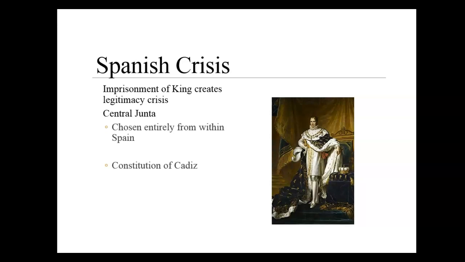Juntas emerged to rule in the name of Ferdinand VII in Mexico City and Montevideo. Caretaker governments were the work of loyal peninsular Spaniards, eager to head off Creole threats. In Santiago, Caracas, Bogota, and other cities, by contrast, it was Creoles who controlled the provisional juntas.